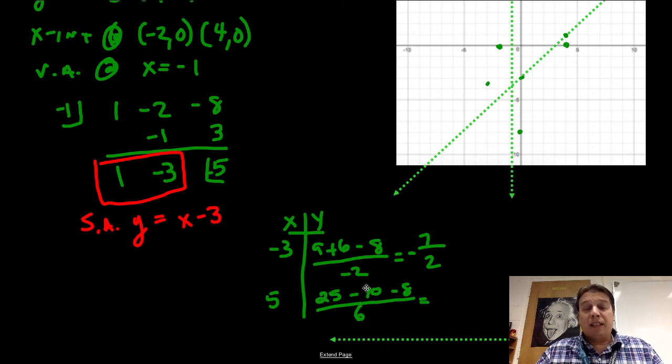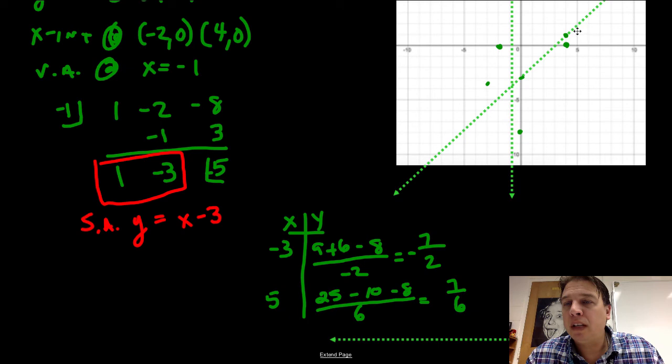So 25 minus 10 is going to be 15. 15 minus 8 is going to be 7. Divided by 6, so 1 1/6. Okay, so if I'm out here at 5, I'm a little bit above 1, and that's about where I'm at.